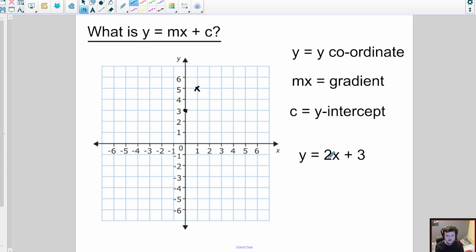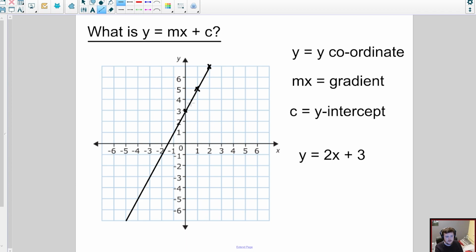If x is 2, 2 times 2 is 4, add 3 is 7, and so on. And what we're going to have is a line that goes like this. We can keep going, so if it was -1, it'd be 1, and so on. And if it was -5, it'd be -7, so it'd be like that.